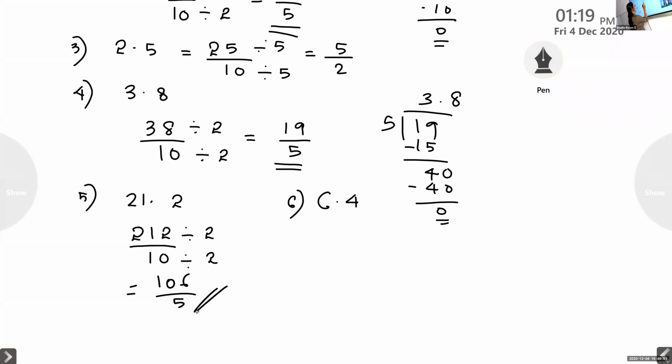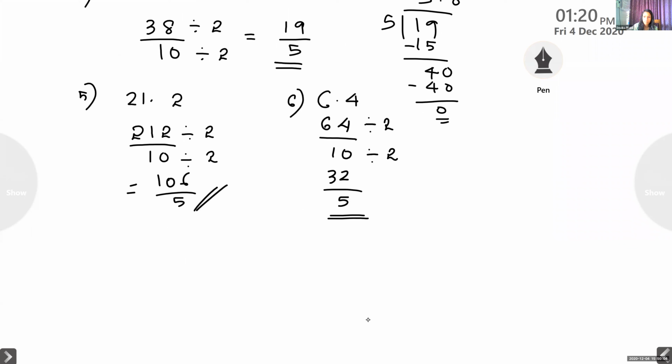Again, 6.4 is 64 by 10. Reduce to lowest form, we will divide by 2. Divide by 2, you will get 32 by 5. Clear, children? Yes, ma'am.